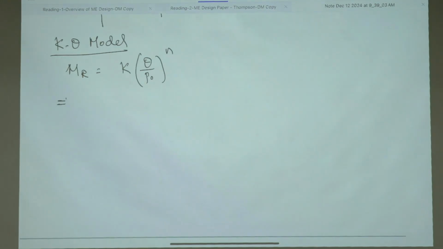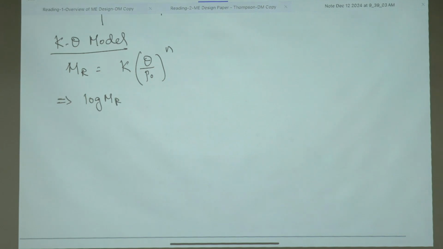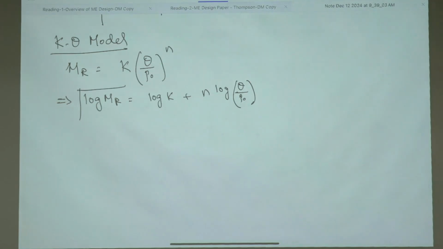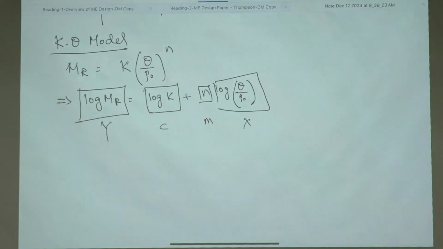So what we always do is log MR is equal to log K plus n log theta over P naught. And we said this is of the form Y is equal to mx plus c.